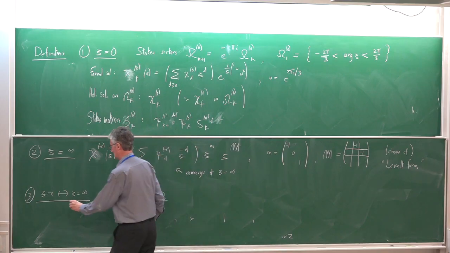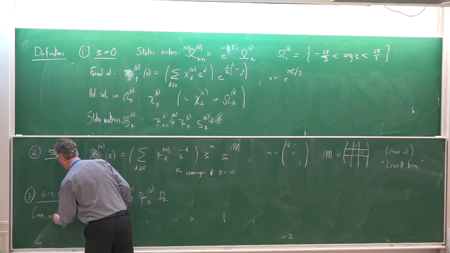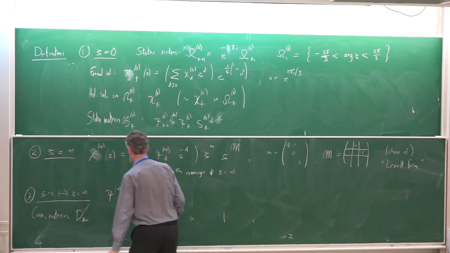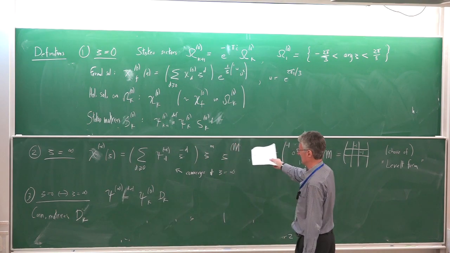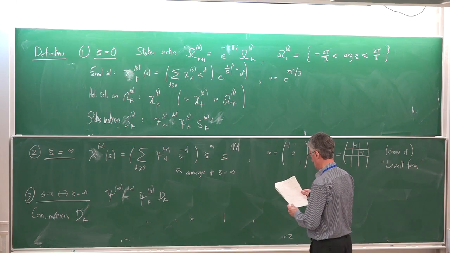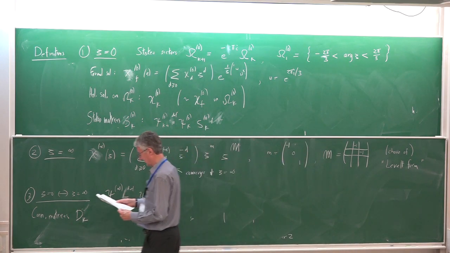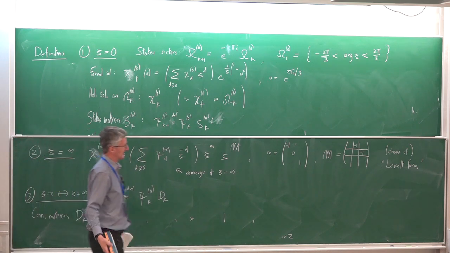This is the definition of the connection matrices. There are many connection matrices d k, and they are defined by this relation. So the solution which you've chosen at infinity is related to the solution you've chosen at 0. And this is called the connection matrix, the connection matrices.